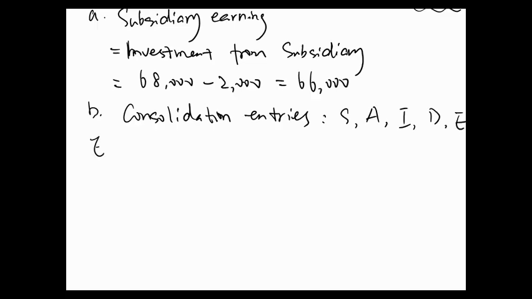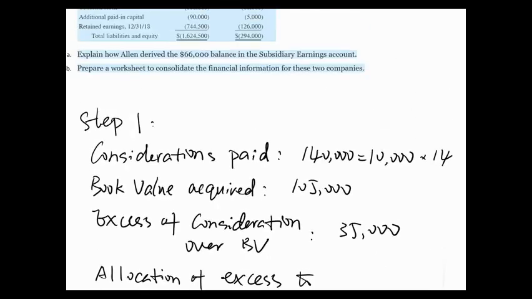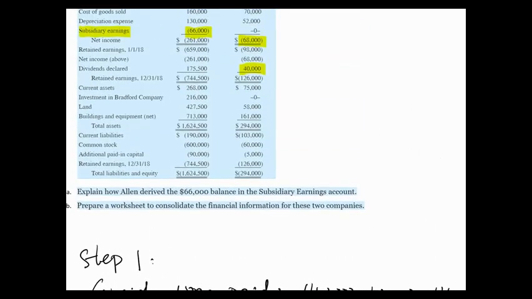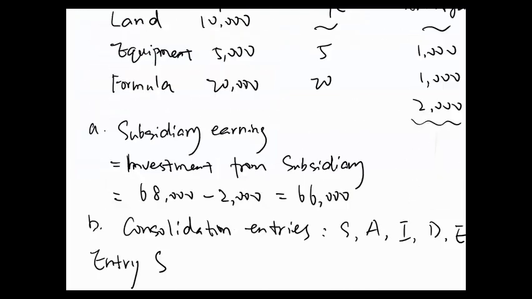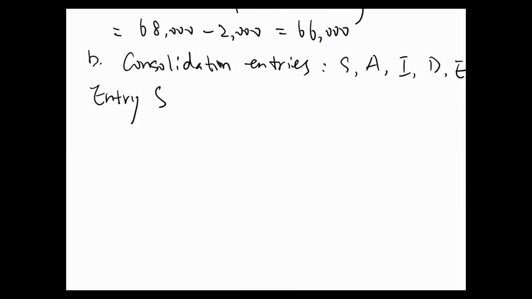So entry S is to eliminate the subsidiary company's equity accounts, which means we eliminate the common stock, additional paid-in capital, and the beginning retained earnings. Since they right now have a credit balance, we debit these three accounts: common stock, additional paid-in capital, and retained earnings.